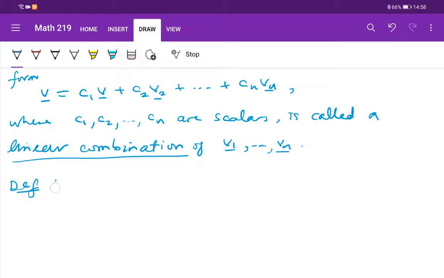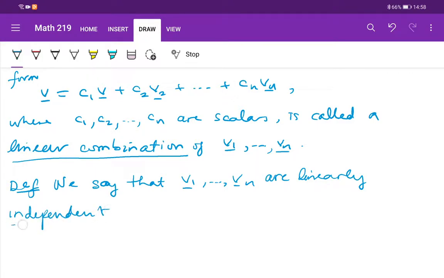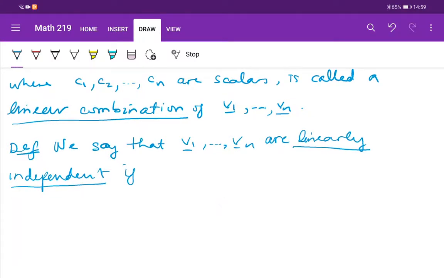We say that vectors v1 up to vn are linearly independent if whenever this linear combination equals the zero vector, then c1 up to cn are 0.